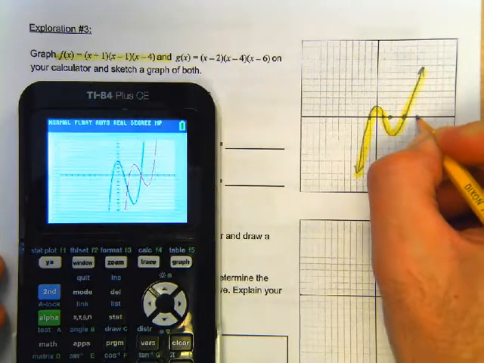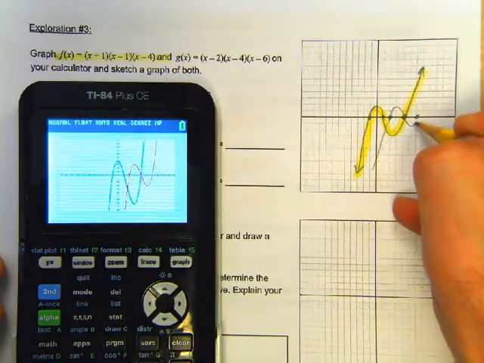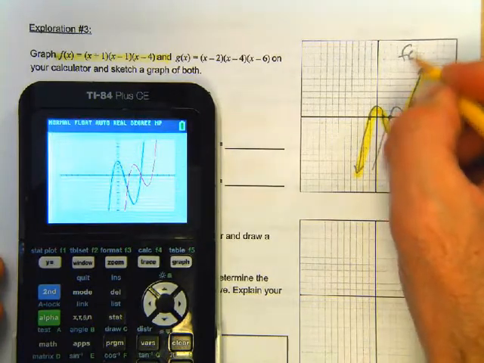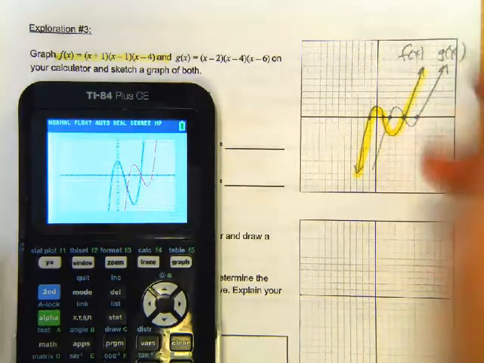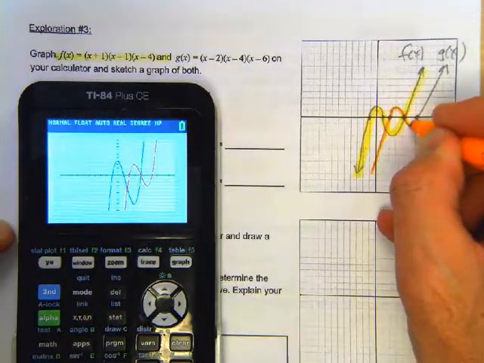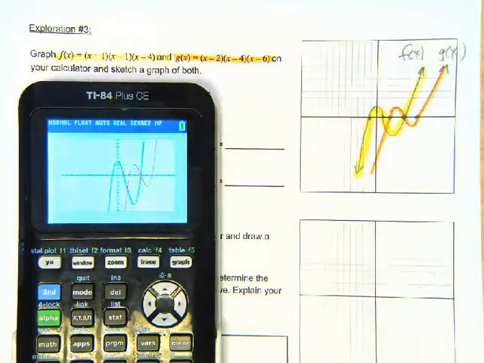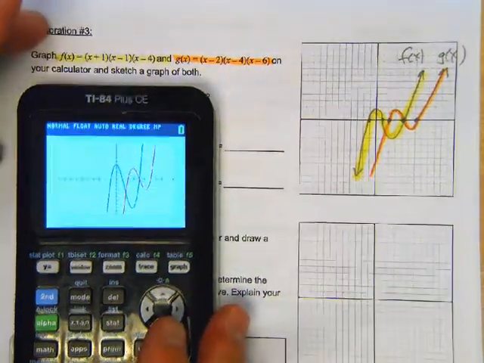So there's the first function, f of x, and g of x.